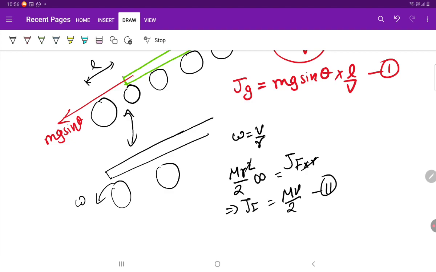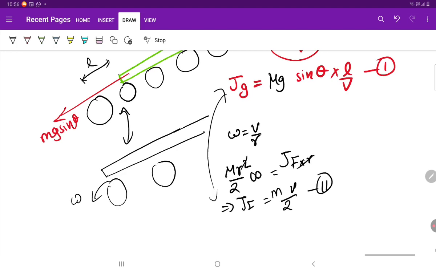Well, it will be small m, pardon, and here it will be capital M, because it's mentioned in the question that you have to consider the mass of the cylinder to be small m, and the plank to be capital M. So I will get Jf is equal to small mv by 2, and we know that these two terms should compensate each other, else the plank will keep accelerating rather than attaining a constant speed.